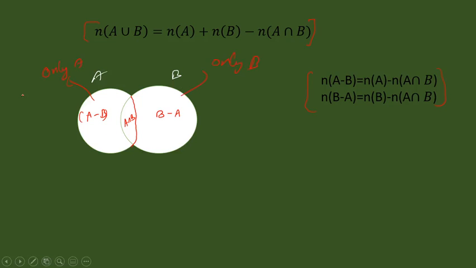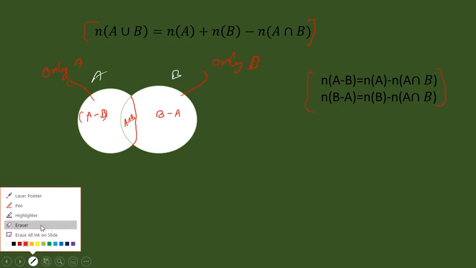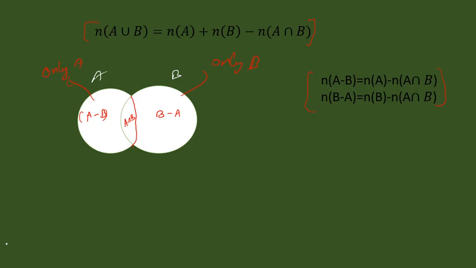Now how do we derive this formula using this particular Venn diagram? When I collect A union B, that means if I collect all these elements, I can see the A minus B set, plus the A intersection B set, plus the B minus A set.